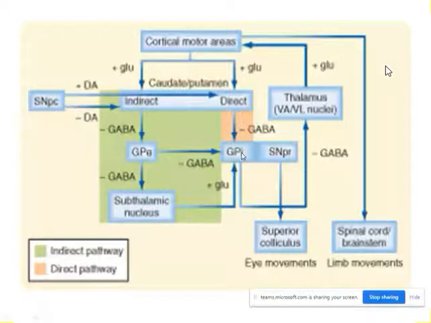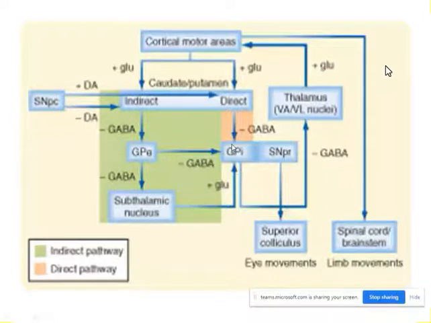Good, very good. So when it gets excited, it produces glutamate, and the caudate and putamen will produce the maximum GABA, isn't it? GABA is inhibitory, so it will inhibit the secretion of GABA from the globus pallidus interior. So what will happen if this production is low?